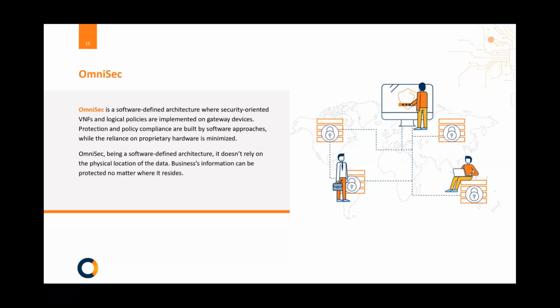But we believe the industry is moving towards open systems, towards software defined services. So all these services I discussed earlier are based on software defined infrastructure, and this is what we are offering in our OmniSec product line.